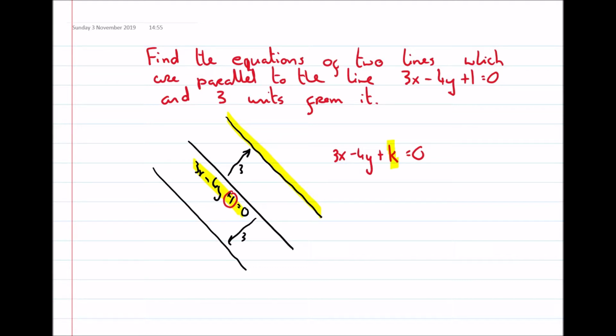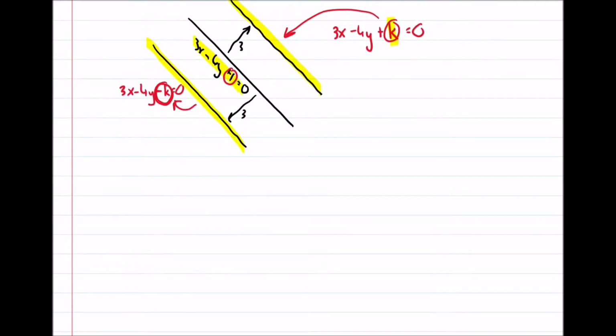Likewise this line here is also in the form 3x minus 4y plus k equals 0. It'll actually be minus k equals 0. So whatever number this is for this line, it'll just be minus that number for this line. So how do we go about this?